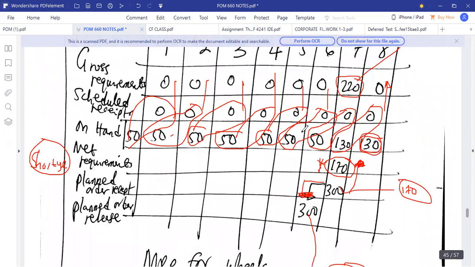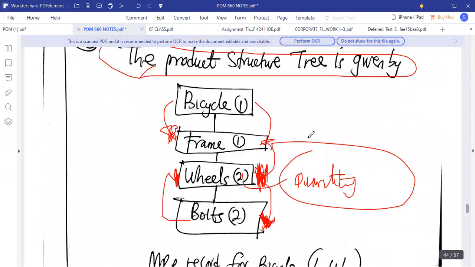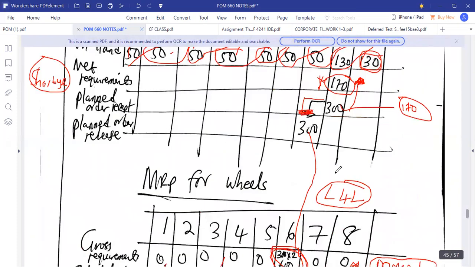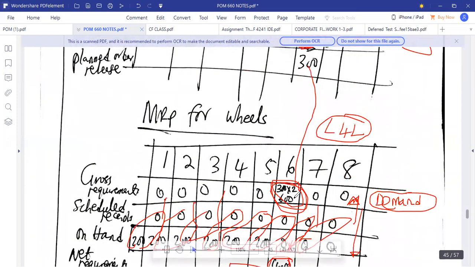Now you check the quantity. For the wheels, the quantity is 2. So the release of the frame goes to the wheels, but multiplied by 2. So that's why we get 300 by 2, 600, in that very week, and lot for lot.